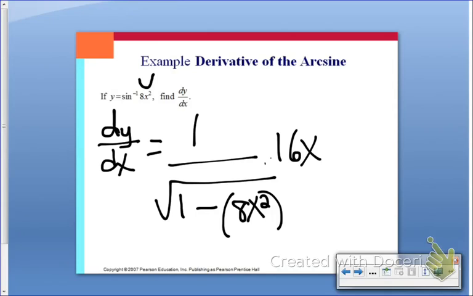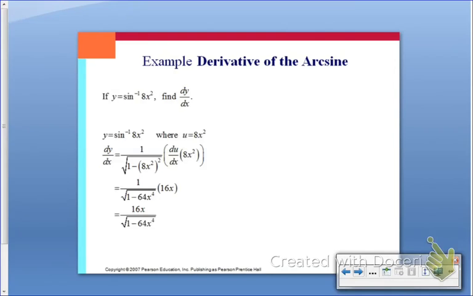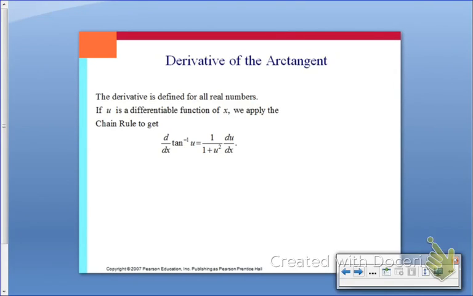It's a chain rule idea. All right, next example. Let's look at the next example.